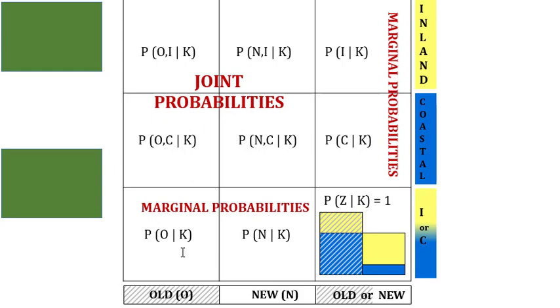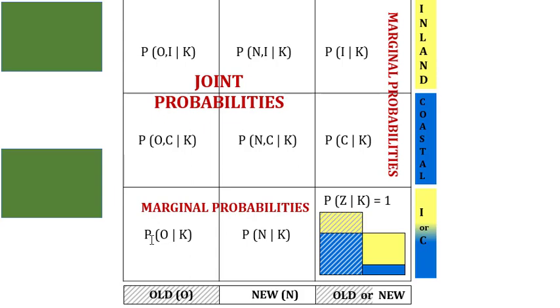When we talk about marginal probabilities, we are considering one variable at a time. The marginal probabilities of the variable age have to add to 1, and they don't consider the probabilities of location.